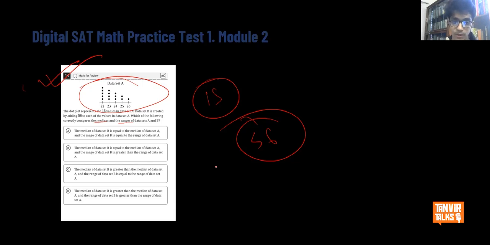So, which of the following compares the medians and ranges of dataset A and B?